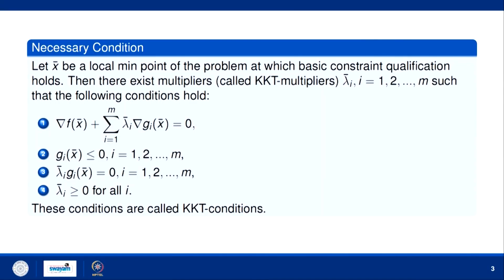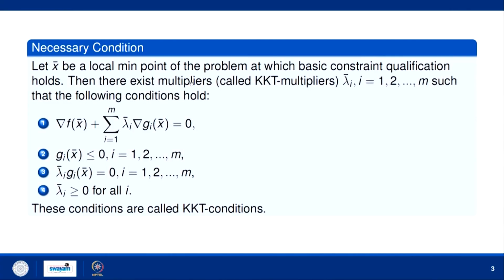We want the multiplier here to be 1; this 1 is coming only because we have applied some constraint qualification on the problem P2.